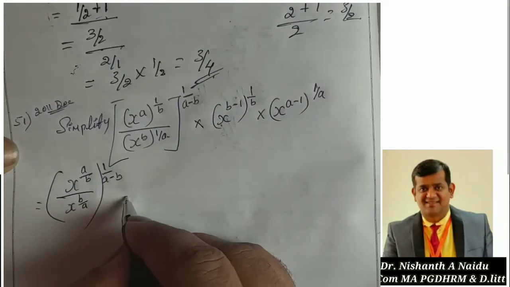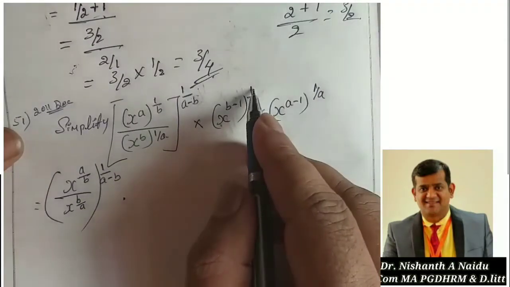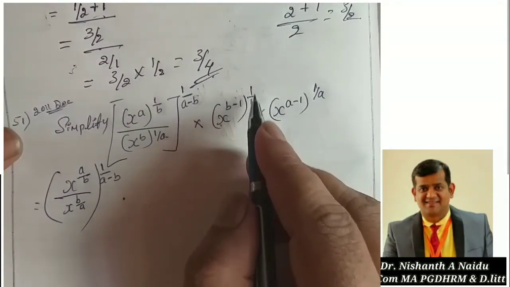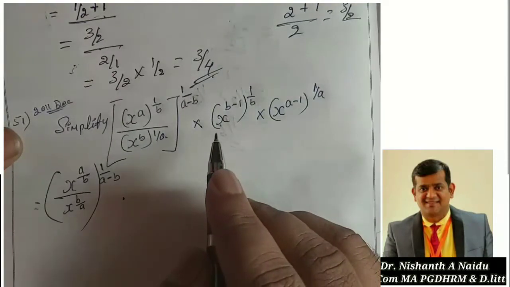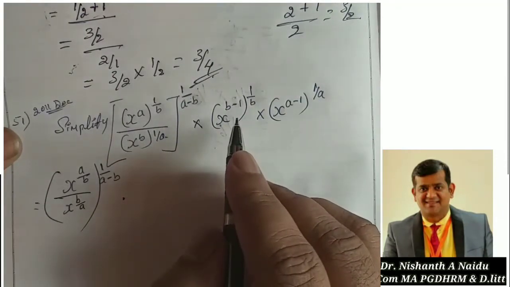Into next we have x to the power of b minus 1, 1 divided by b. So (b minus 1) divided by b is there.